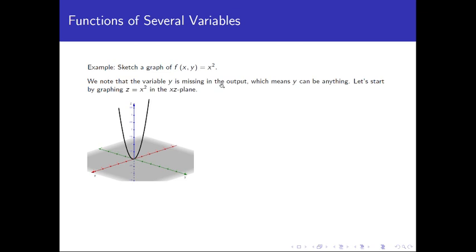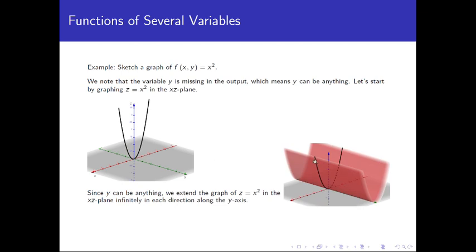Again, y can be absolutely anything, so we can extend the graph of z equals x squared infinitely in both y directions, much like what we do for a horizontal or vertical line. So we take this z equals x squared graph and we extend it back in the negative y's or out in the positive y's, and we get this bent shape, if you will.